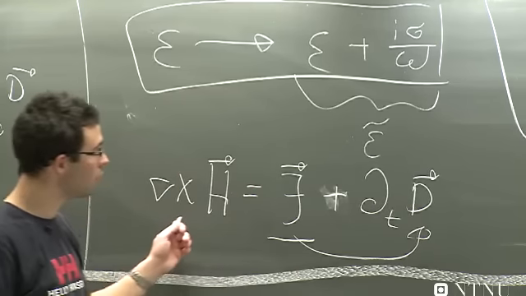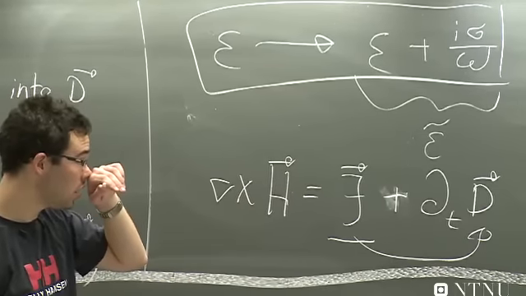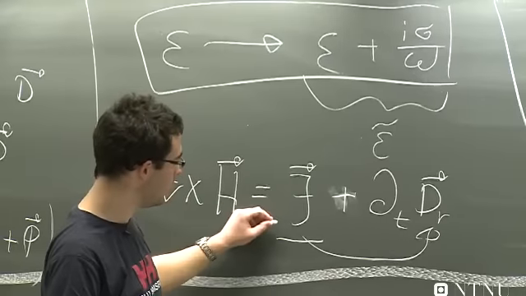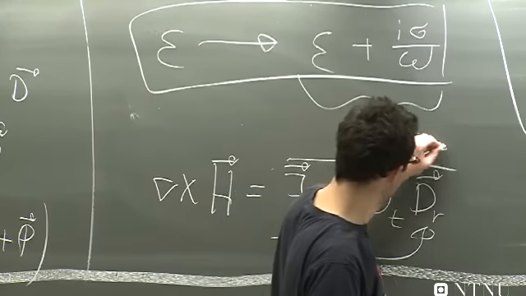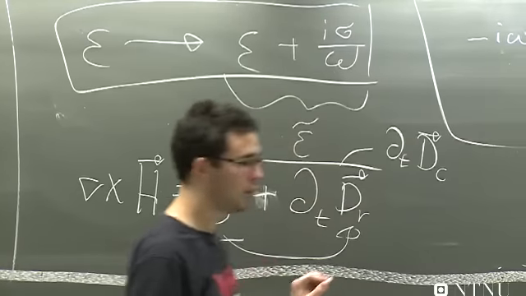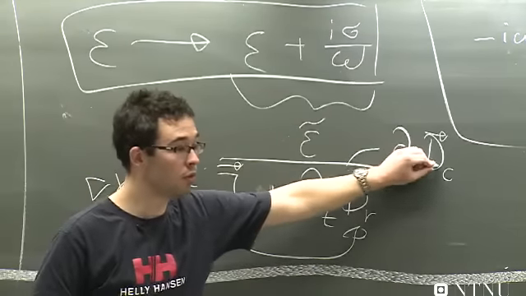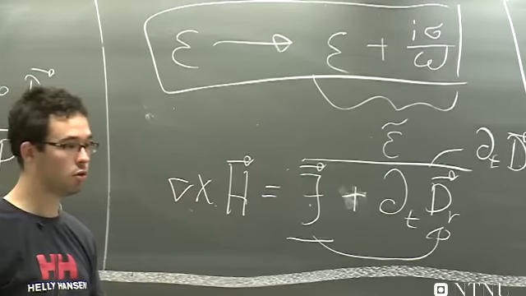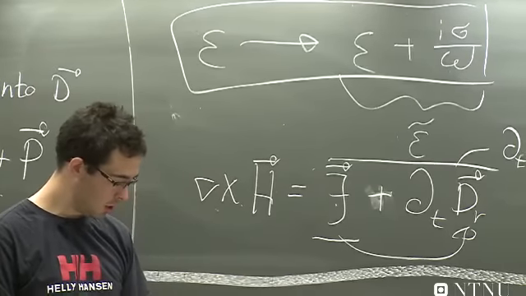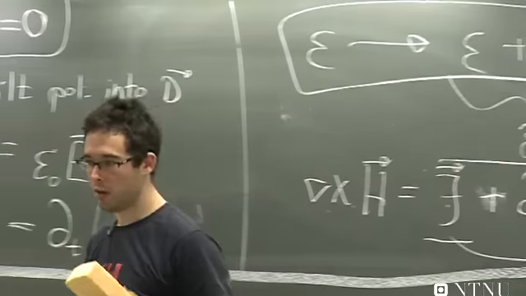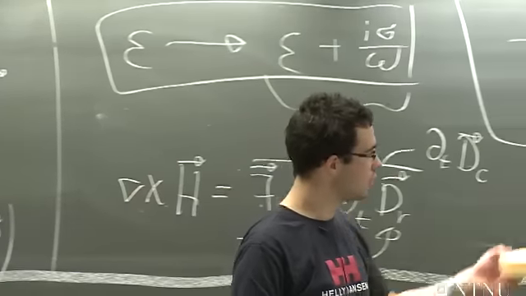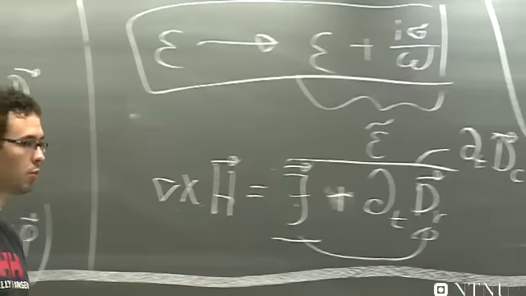Let's call this D_r for D real or something, and then I call the whole thing D complex. So I'm going to put this term into this guy here, so I can use it in Ampere's law or wherever D shows up. That's the idea. Okay, and if you remember when we derived the wave equation, we used Faraday's law. So I'm going to try to insert this into the Faraday law and see what we get out.